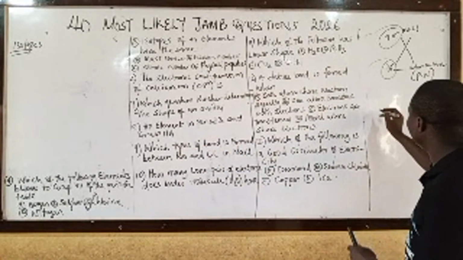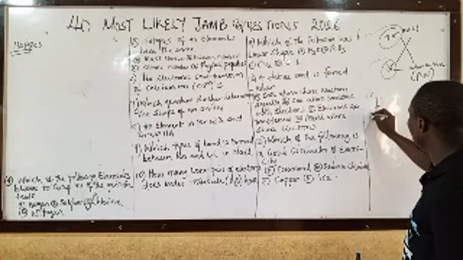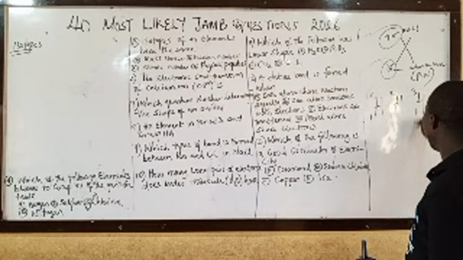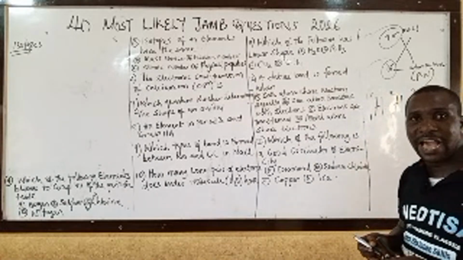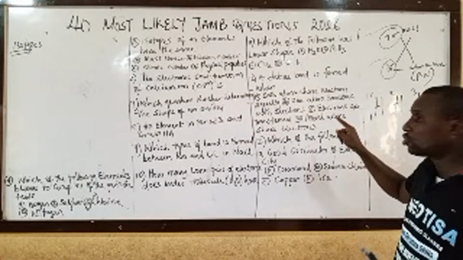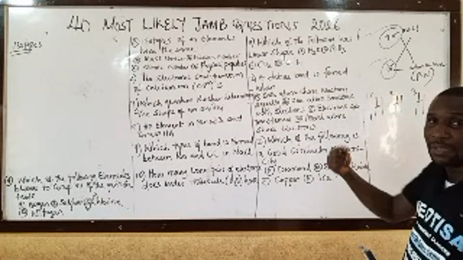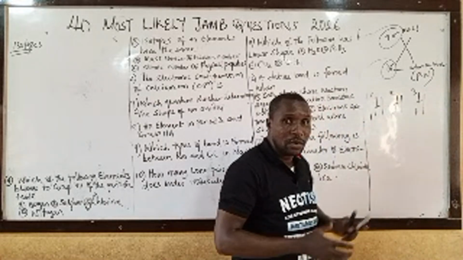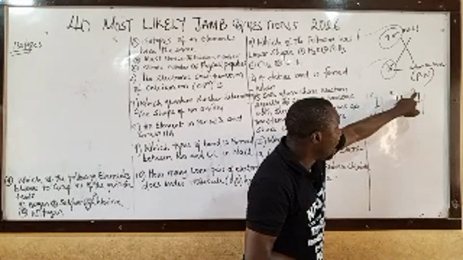For example, when you have hydrogen 1 1, hydrogen 2 1, hydrogen 3 1, these are three isotopes of hydrogen. They are atoms of the same element, hydrogen, with different mass number.